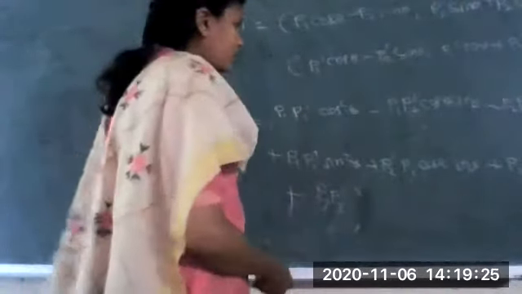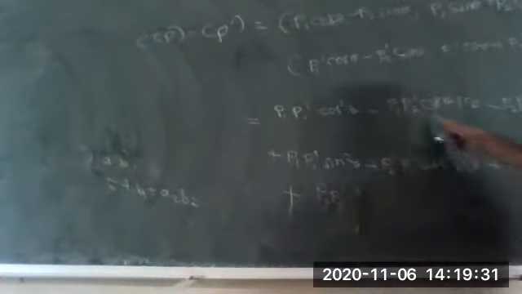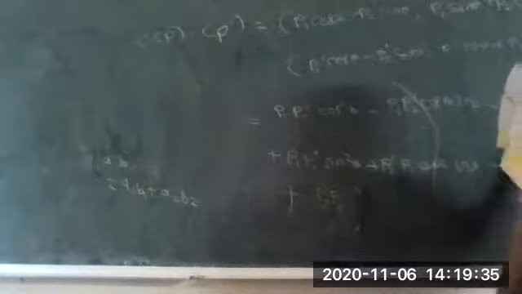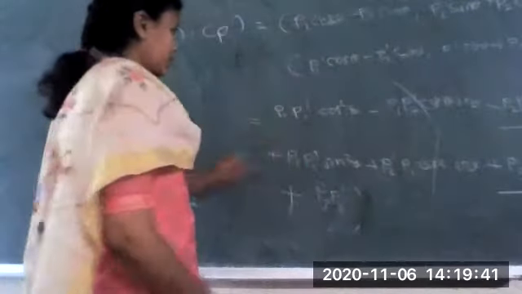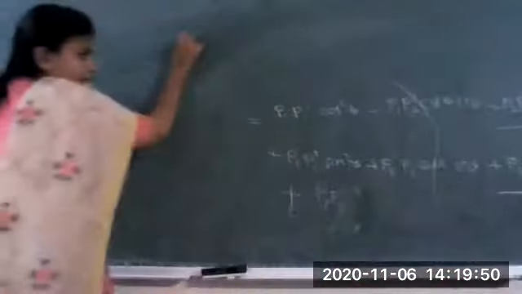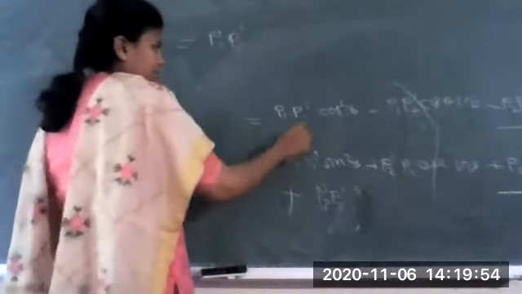So now what terms can we cancel? P2 dash with P1: positive and negative get cancelled. So here also P2 P1 dash will get cancelled. What remains are cos square theta plus sin square theta. I can write this term as P1 P1 dash times cos square theta plus sin square theta, which is 1.